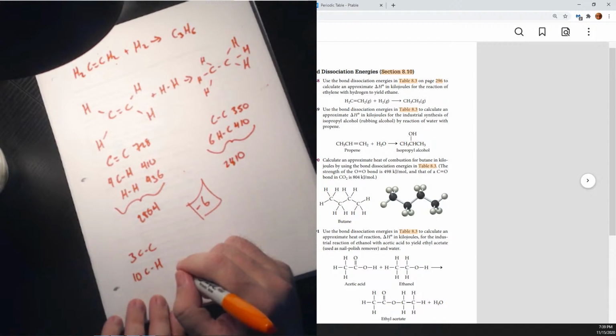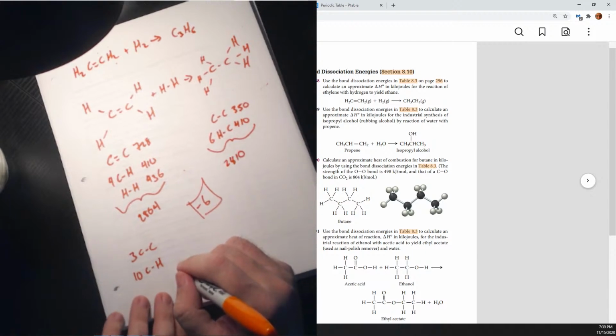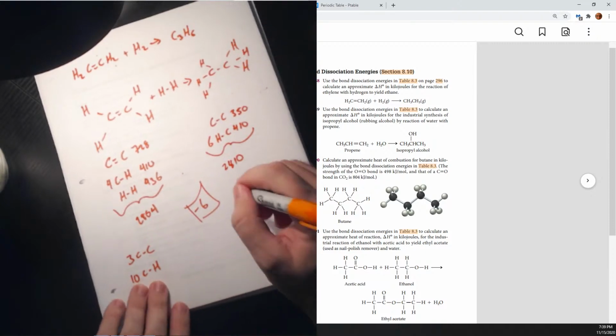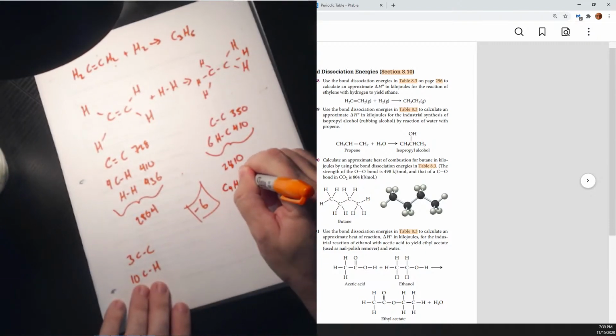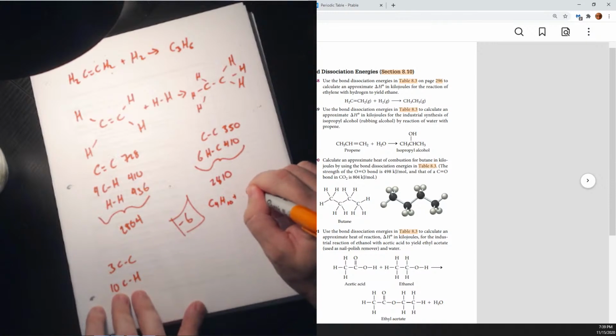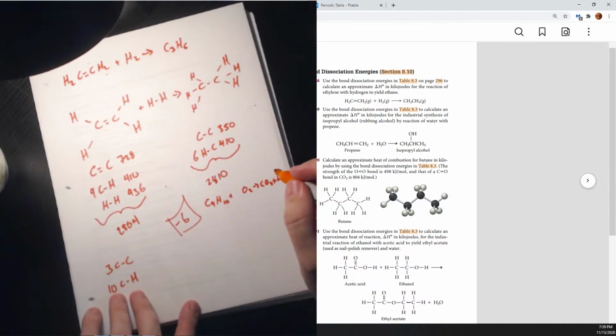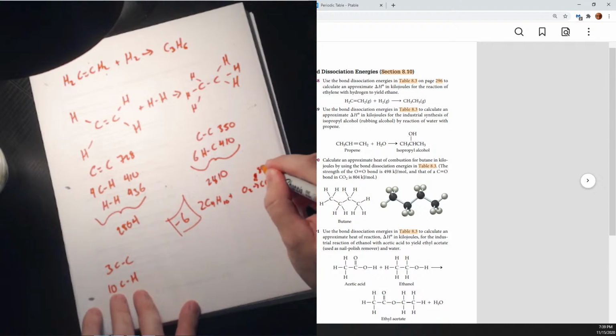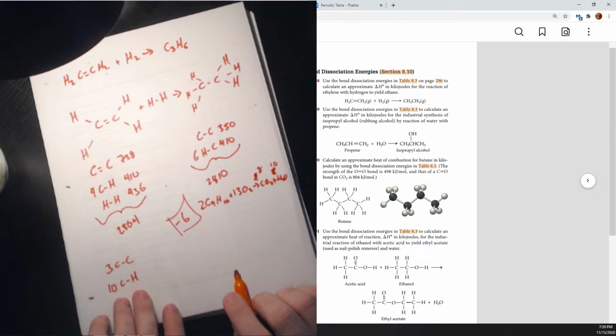Oh, we need to balance it. So C4H10 plus O2 yields CO2 plus H2O. We're going to need 4 of these and 5 of these, so we're going to need to double this. That's going to be 8, 10, 16 plus 10 is 26, so 13 oxygens.